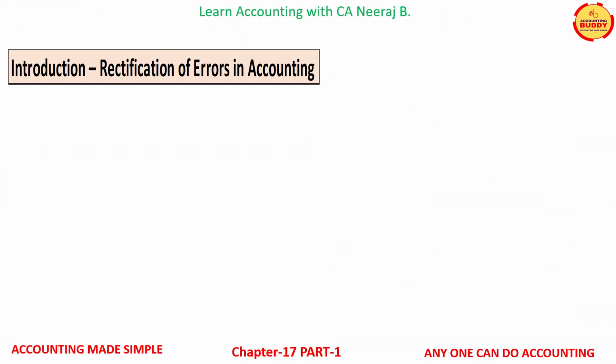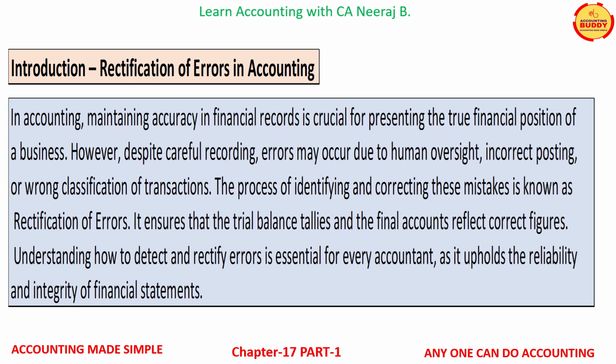Let us familiarize ourselves with the concept of rectification of errors in accounting. In accounting, maintaining accuracy in financial records is crucial for presenting the true financial position of a business. However, despite careful recording, errors may occur due to human oversight, incorrect posting, or wrong classification of transactions.